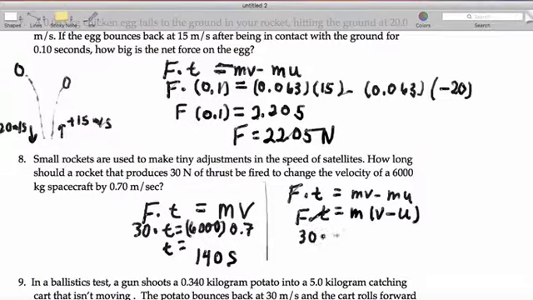So 30 times t equals 6,000, and v minus u total equals 0.7. That's actually how I'm going to get this time of 140 seconds. I just wanted to offer you two ways that I would accept for doing this problem.